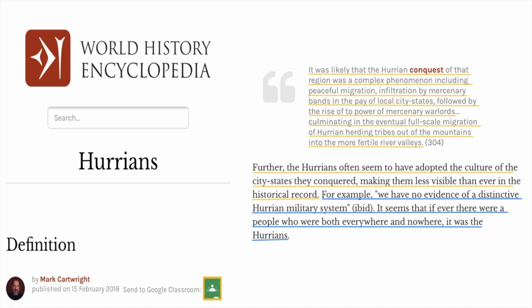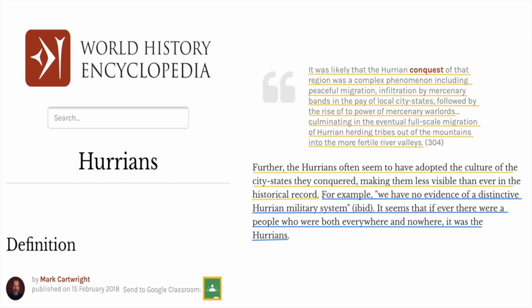Again, these migrations seem to have been triggered by the need for more fertile land so that they could survive in a better environment than those harsh mountains.